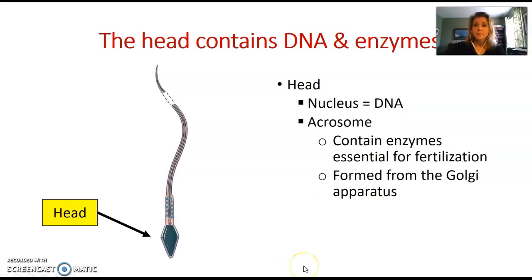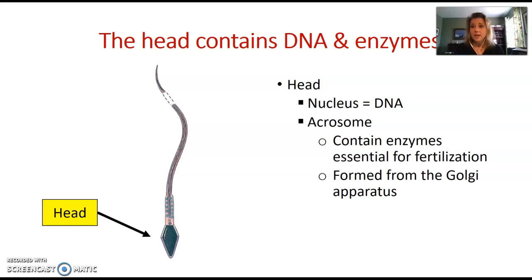So the head of the sperm is basically a packet of genetic material. It's the nucleus. It contains DNA. It's also got a packet that contains an enzyme. This packet is called the acrosome, and that's essential for fertilization. So in order for a sperm to break through the lining or the envelope of the oocyte, it's got to break down that tissue.